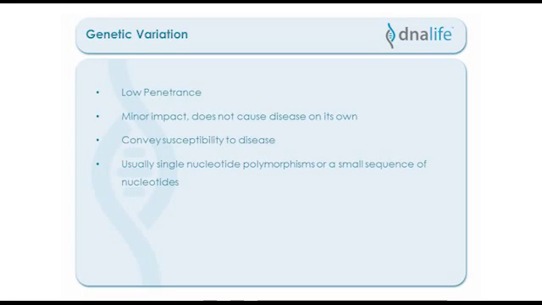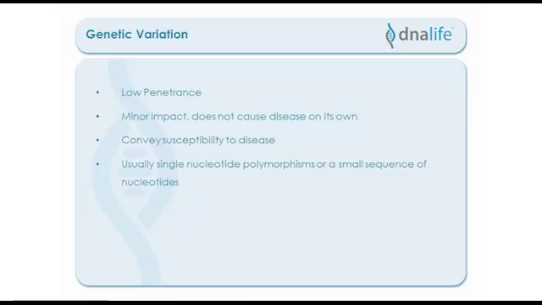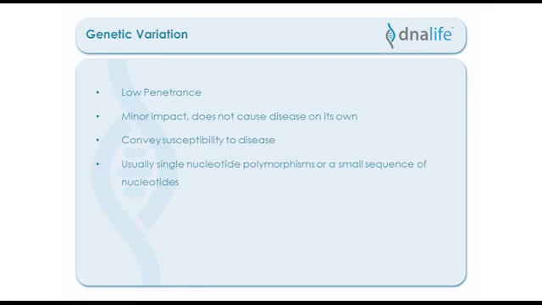In contrast, at the other end of the spectrum, we have what we call genetic variations. Within DNA Life, all of the tests that we sell are far more concerned with the genetic variations, because here we're talking about low penetrance markers, which by themselves are insufficient to cause a disease or a physical trait or characteristic, but rather they convey a susceptibility.